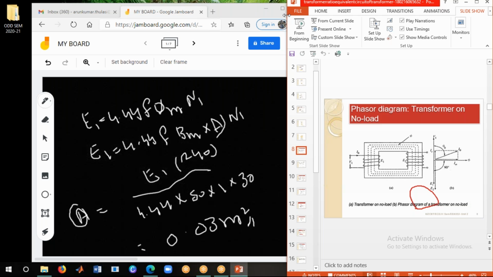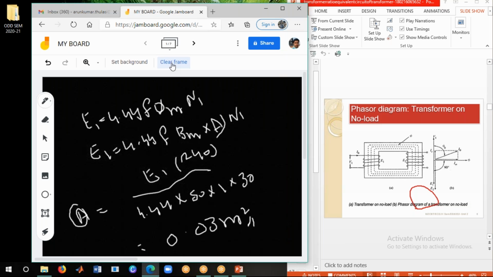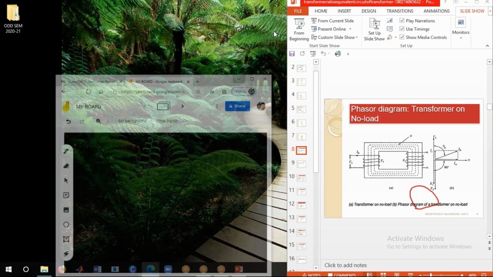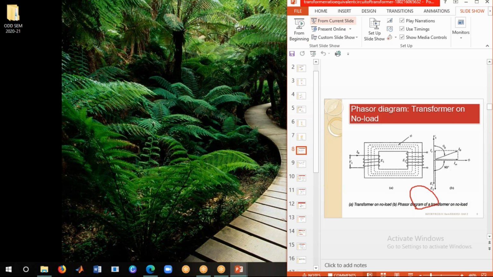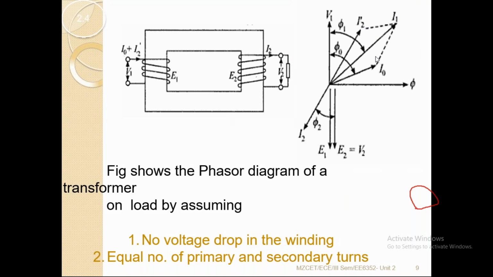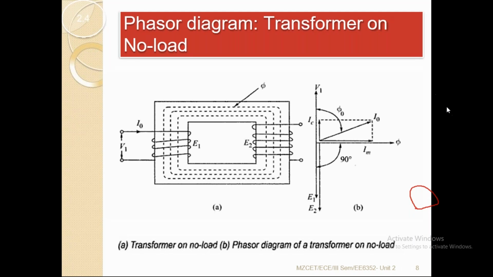Now the next topic is the phasor diagram of the transformer. This is the most important topic.